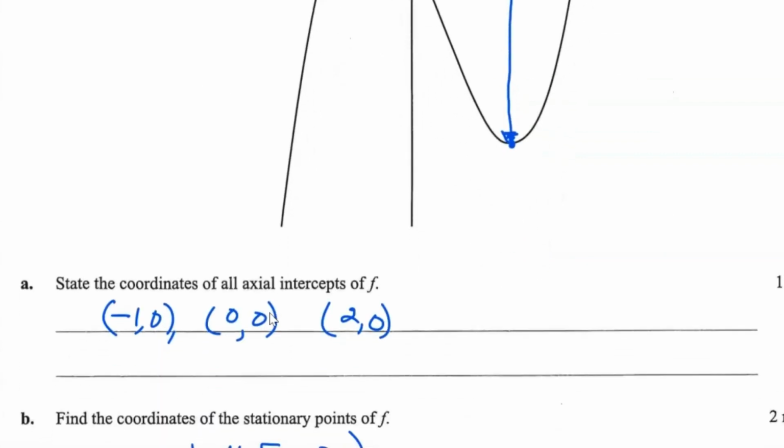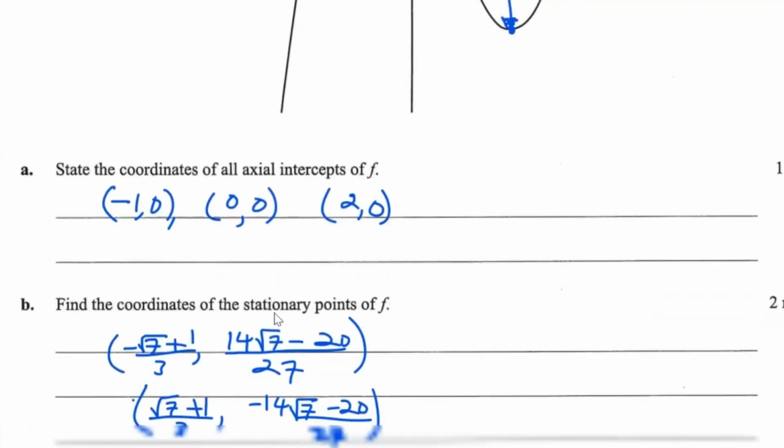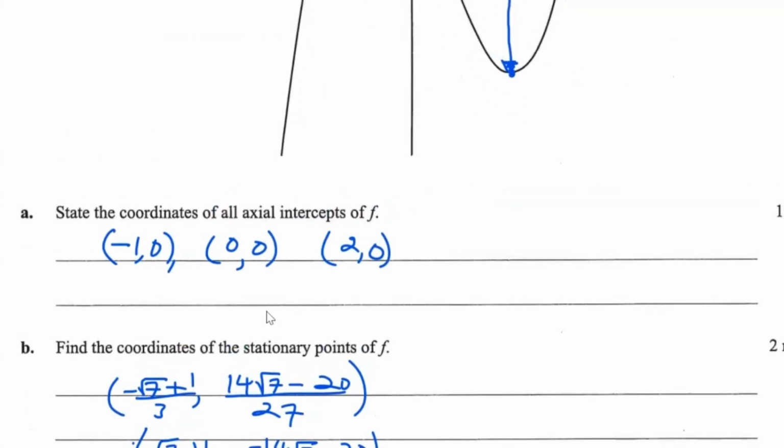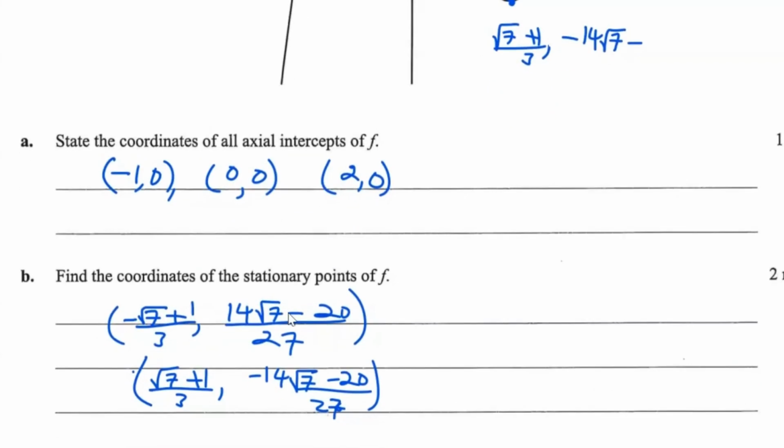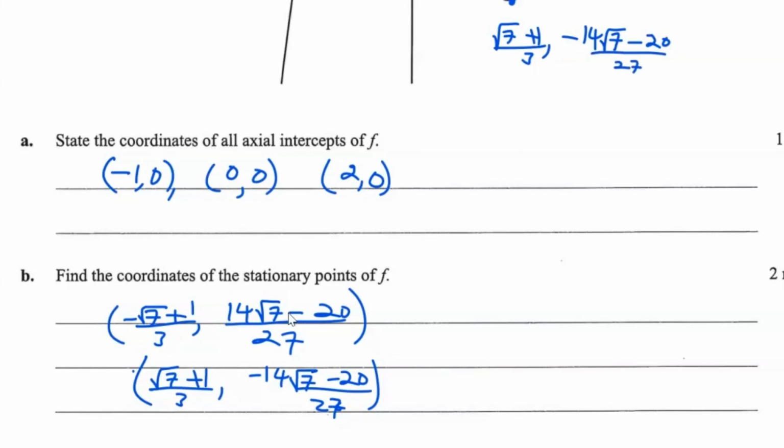The coordinates we had here were, what was it, 7 plus 1 over 3, negative 14 square root of 7 minus 20 over 27.